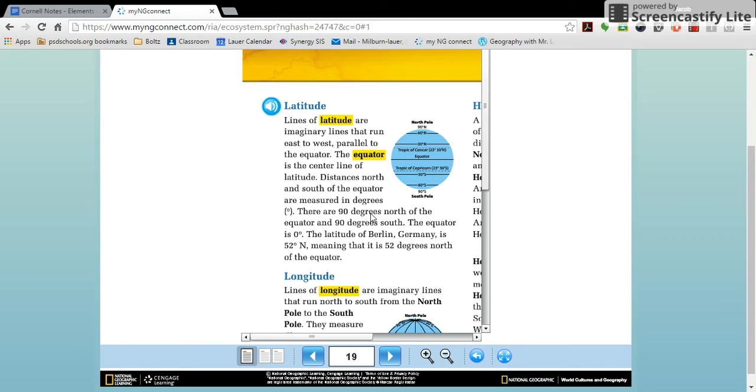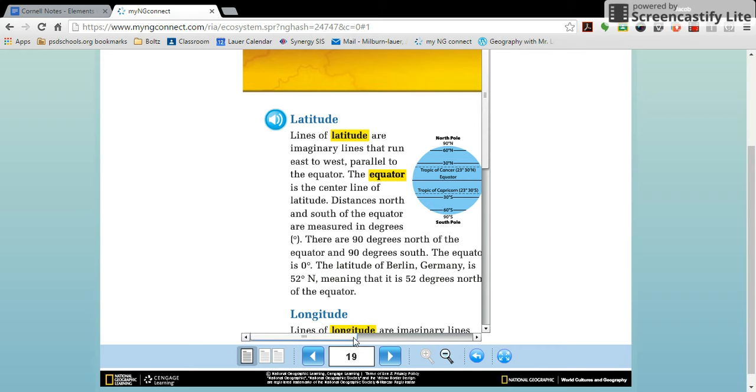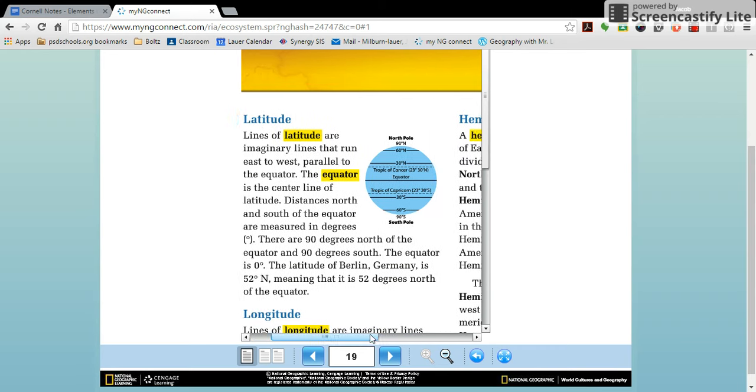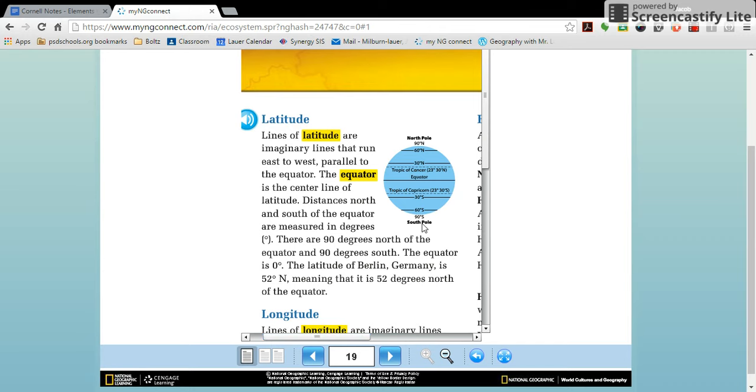There are 90 degrees north of the equator and 90 degrees south. The equator is 0 degrees. Okay, that can be a little confusing, so let's look at it closely. Here's the equator.